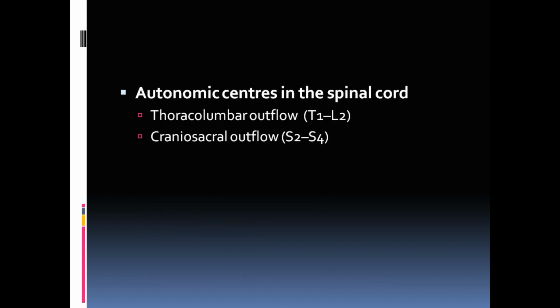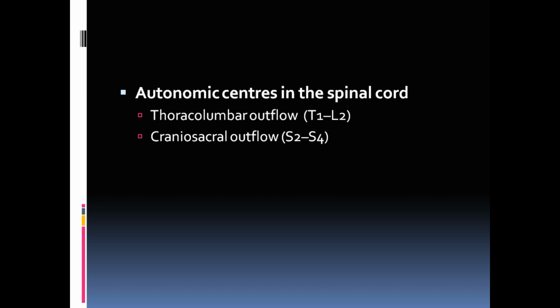Let us see how the parasympathetic and the sympathetic outflow are divided. The sympathetic outflow is also called the thoracolumbar outflow, as the sympathetic system originates from the thoracolumbar segments of the spinal cord: T1 to T12 and L1 and L2.